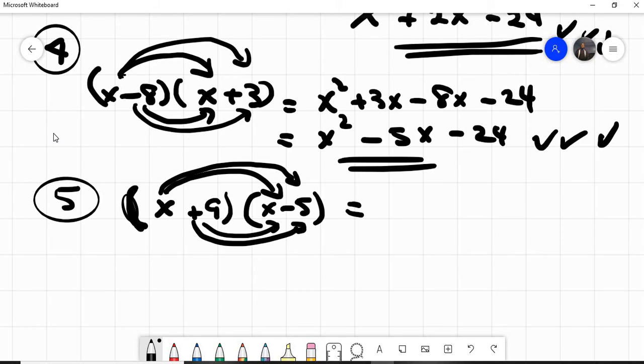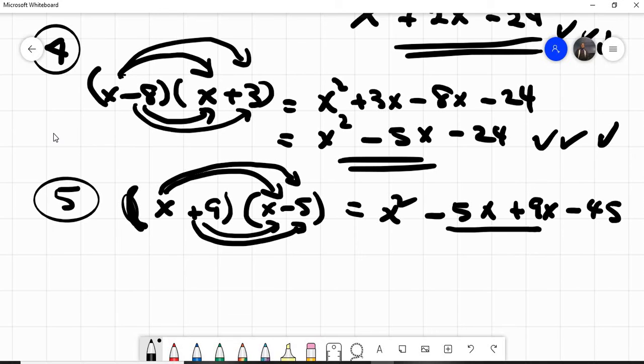So x times x is x squared, x times minus 5 is minus 5x, plus 9 times x is plus 9x, then plus 9 times minus 5 is negative 45. These two we have to subtract, because plus and minus we cannot add. Because 9 is bigger and its sign is plus, the answer is x squared plus 4x minus 45. That's the answer.